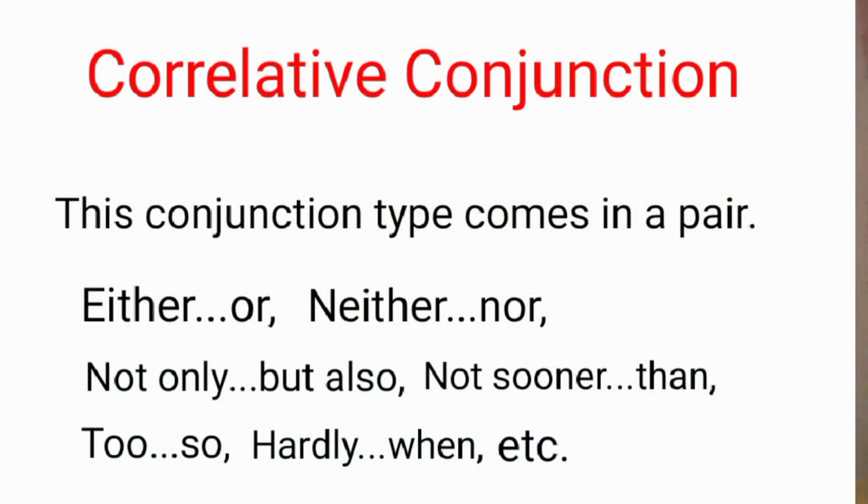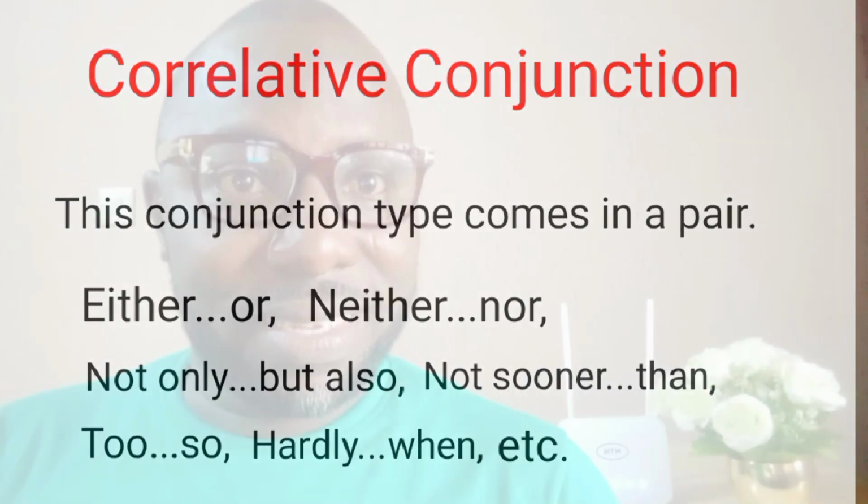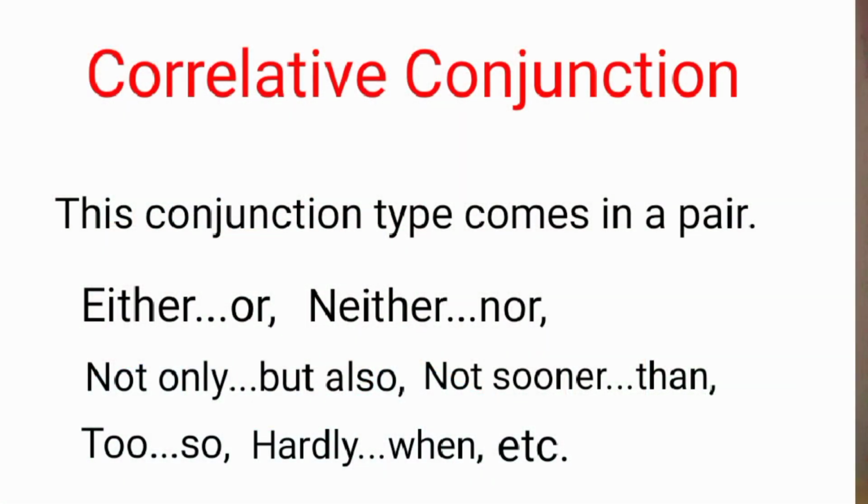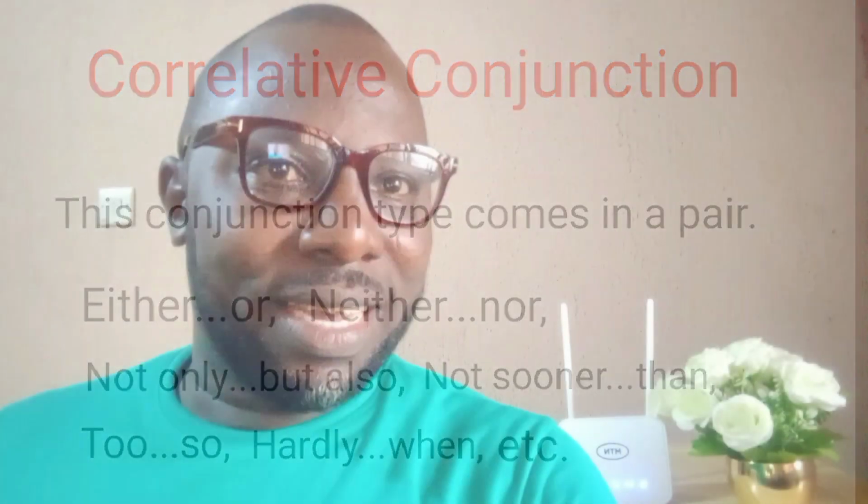Let's take one of the most complex ones that students confuse a lot, and that is no sooner and than. Whether or not something else seems correct to a correlative conjunction, if it is not the pair partner, it is incorrect. And I repeat, it does not matter how correct it sounds. If it is not the pair partner, it is incorrect.